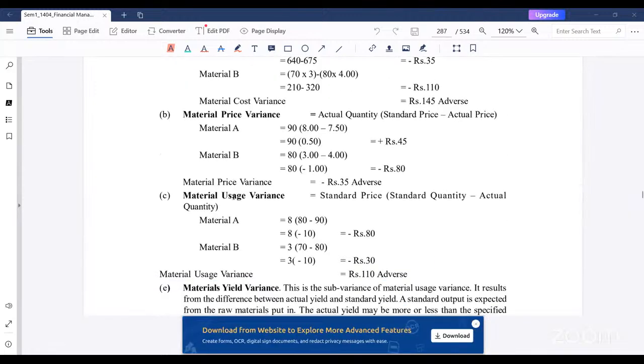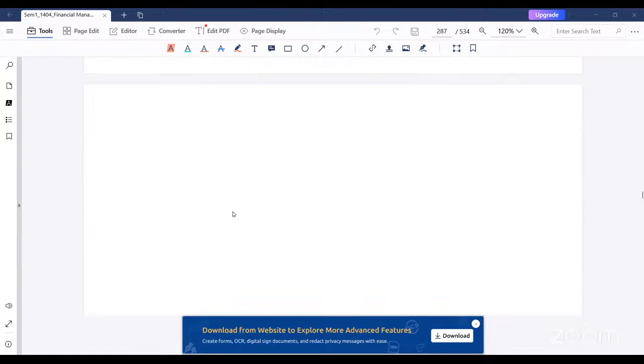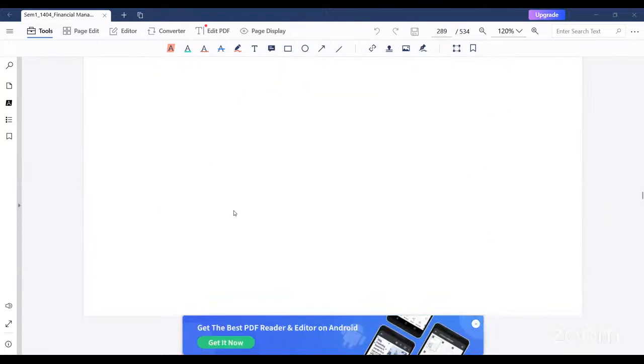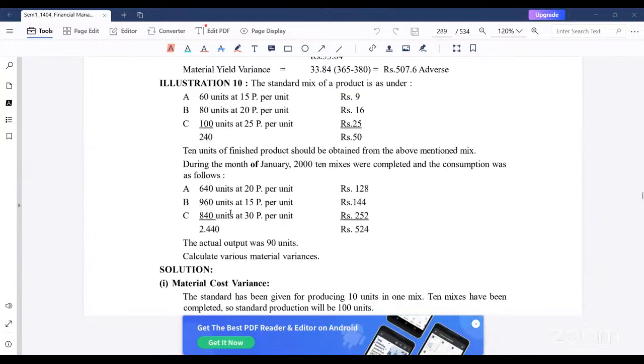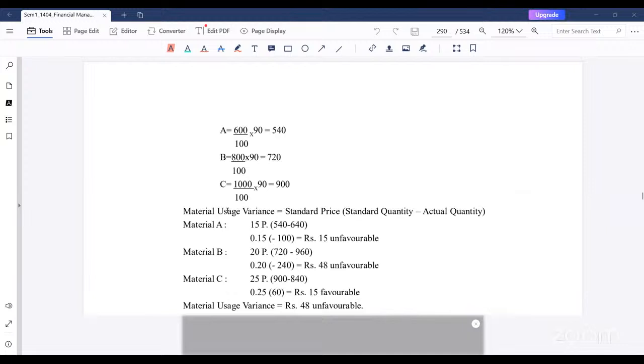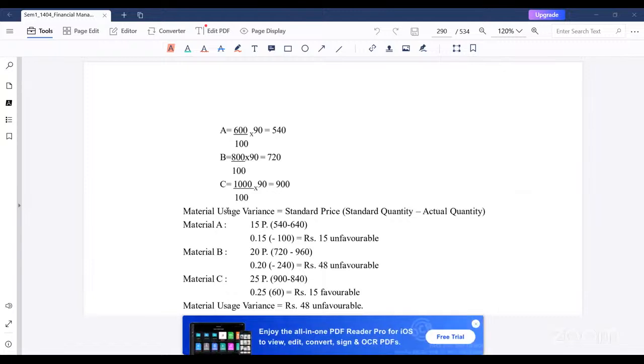Now we look at the labor variance. So we have seen material cost variance, usage variance and price variance.